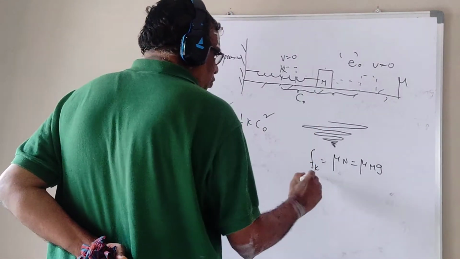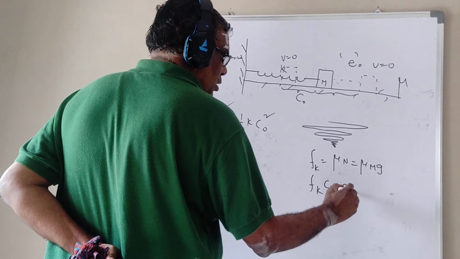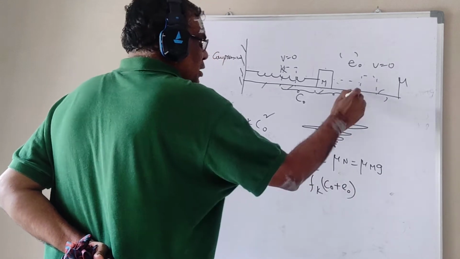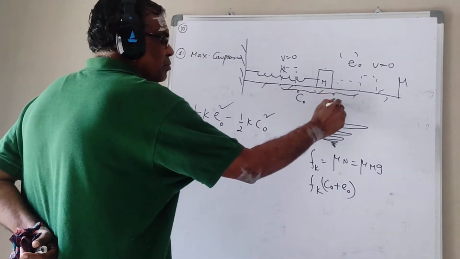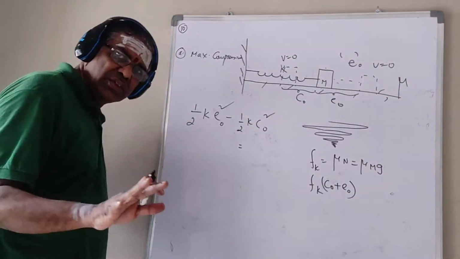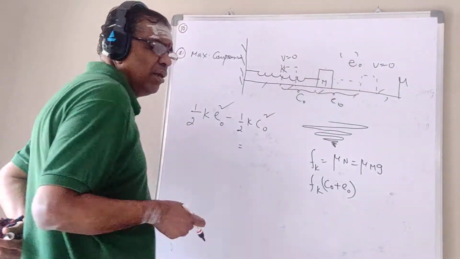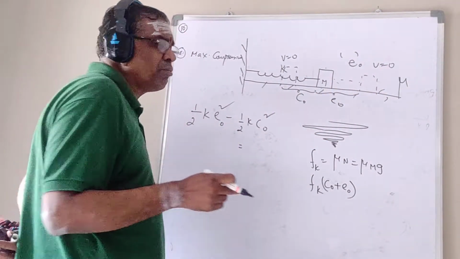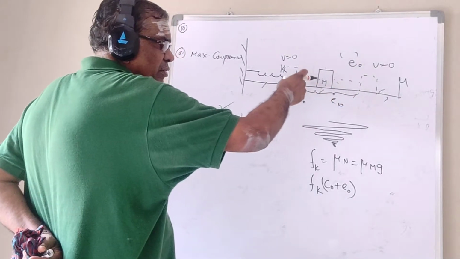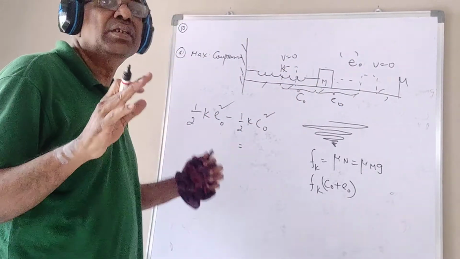Therefore, Fk times C naught plus E naught is the total length that it has traveled. That means 100 units it is doing work against friction. Finally, the change in kinetic energy becomes zero.